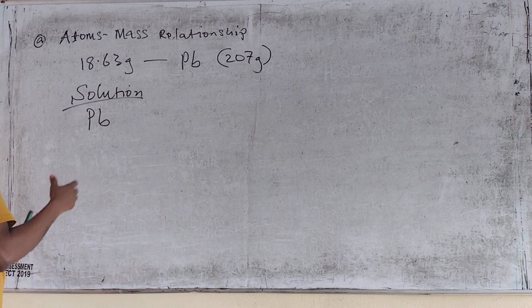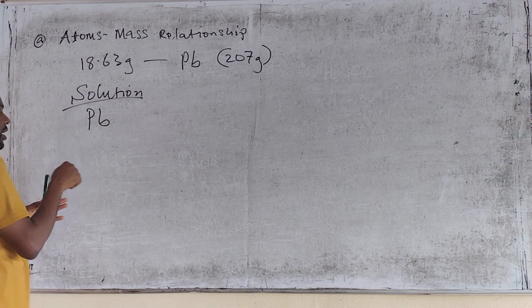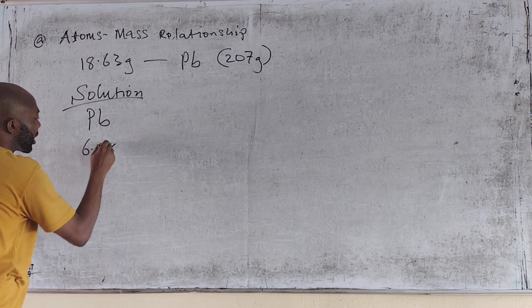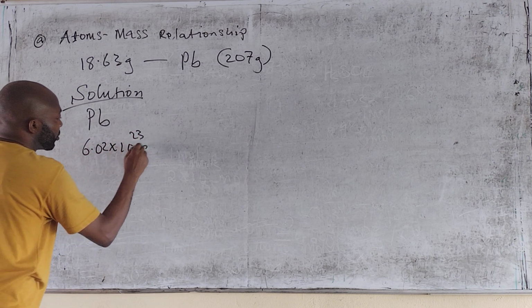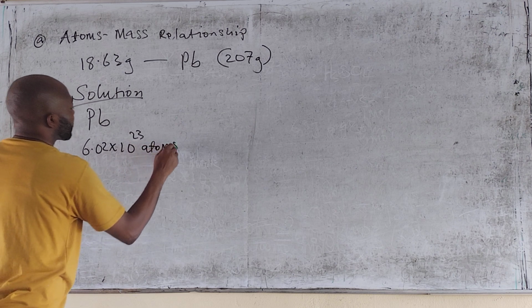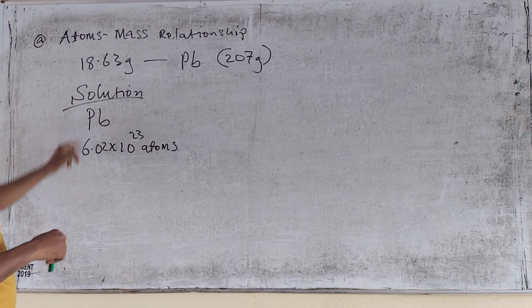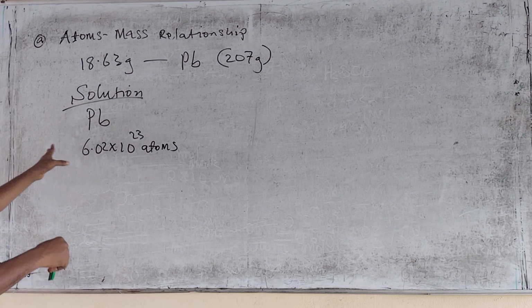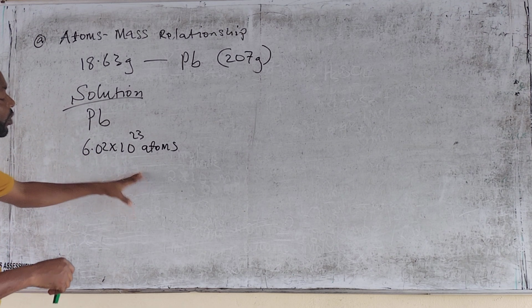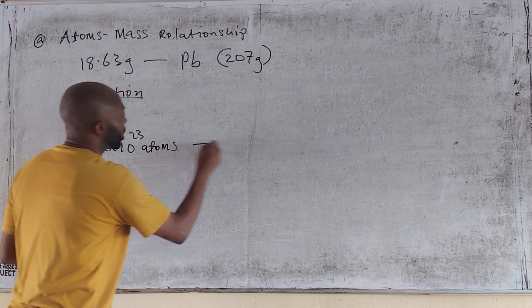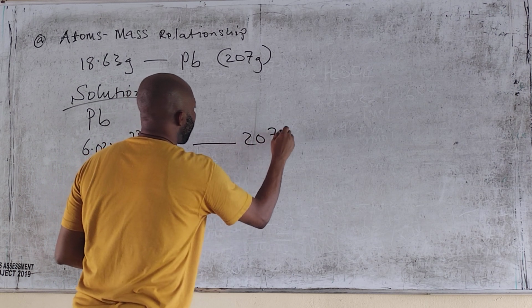So now we know that this is 1 mole of lead. 1 mole of lead is equivalent to what? 6.02 times 10 raised to 23 atoms. So it can be used interchangeably. If I'm using 1 mole, or I'm using 6.02 times 10 to the 23, all of them are equivalent. So these atoms will give us 207 grams.